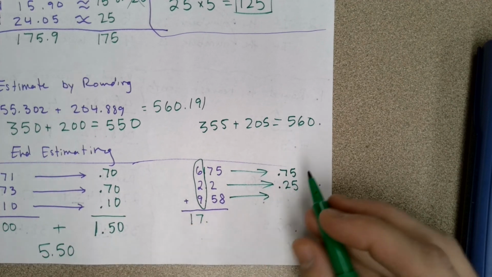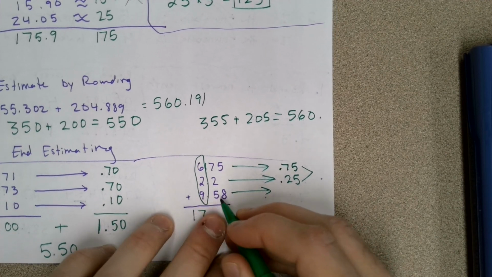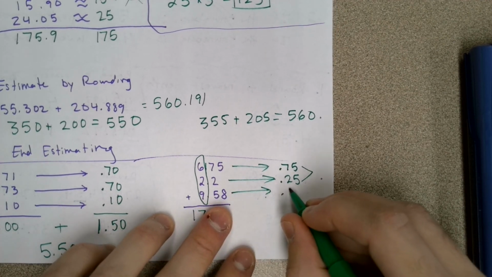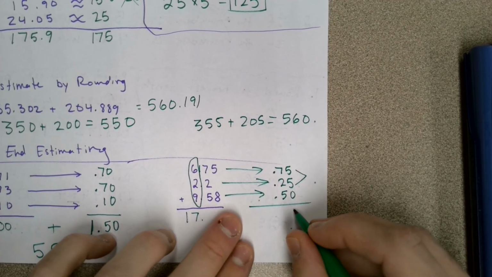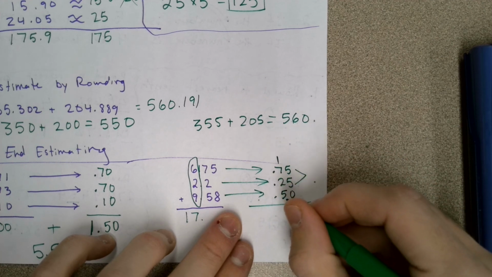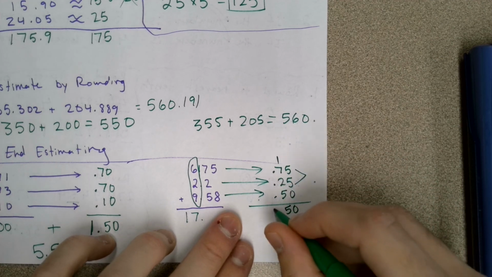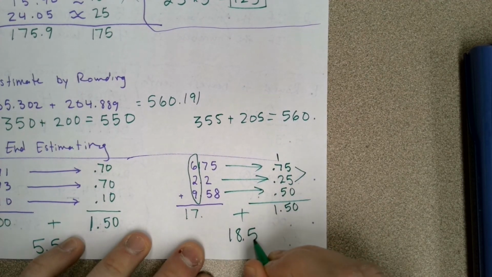There's me estimating again because I know that these are going to add up real nicely. And I already saw that this is a little bit more than 0.5, but I'm going to round it down, try to make up for that a little bit. Add those up real quick. We got 0, carry a 1, 8, 9, 10, 15, 150 again for change. Add those two together, we get 1850.